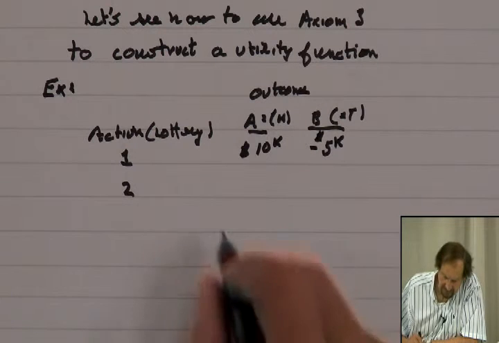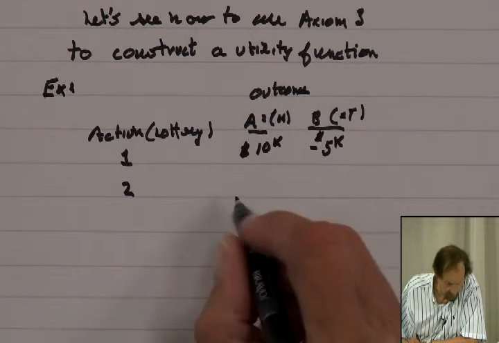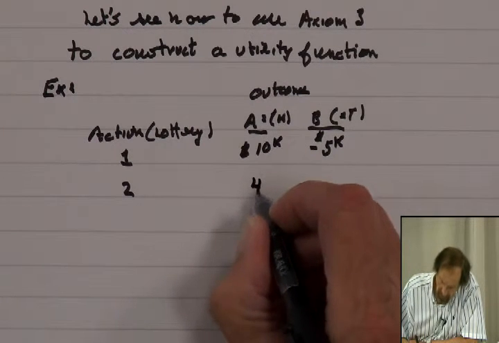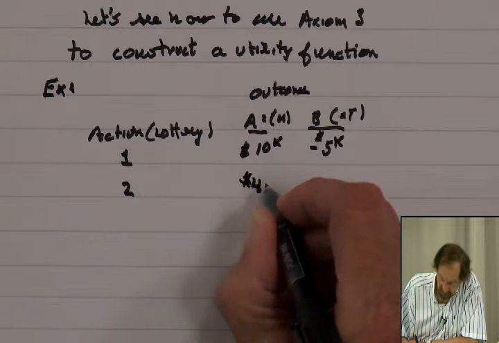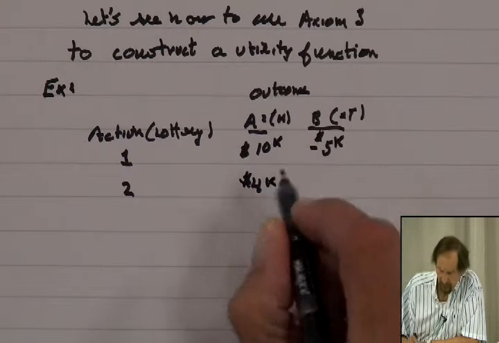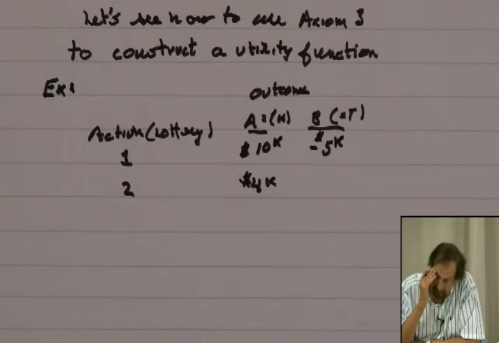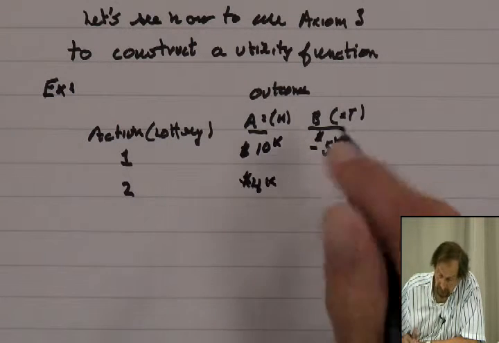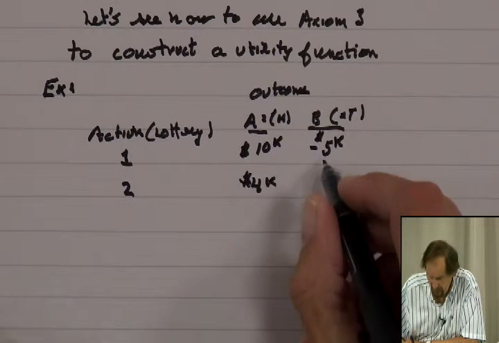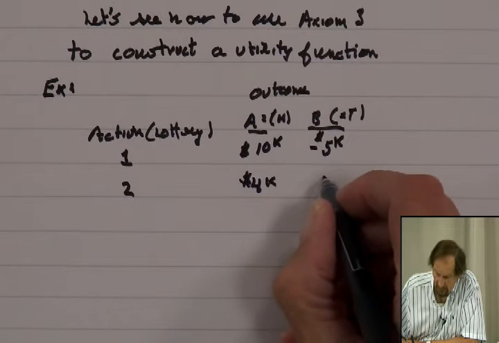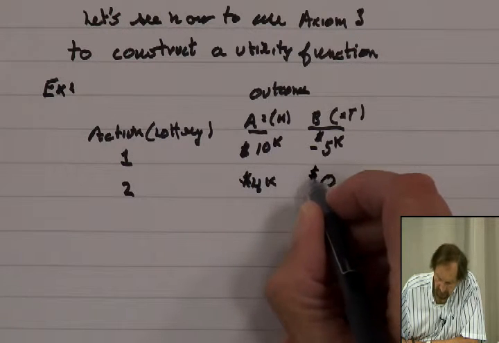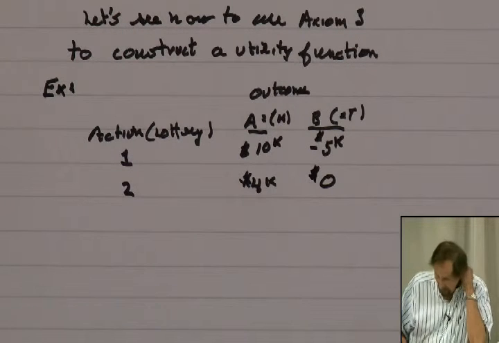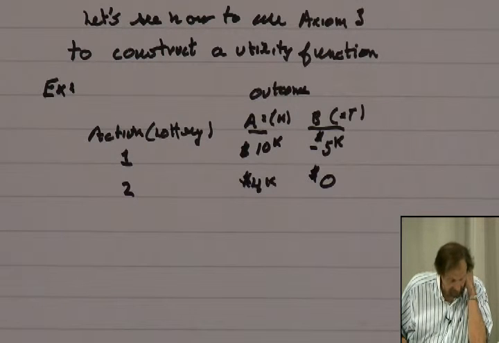Whereas in our second lottery, lottery 2, we win $4,000 for a head, so we win less than half of what we would win in lottery 1. But instead of losing money on a tail, we simply break even. So we don't gain or lose any money.